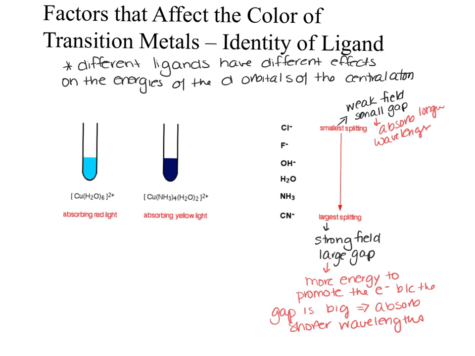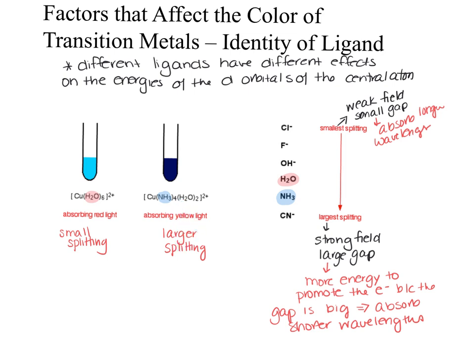If it's complexed with water here, and we change it to ammonia, we are going from a small splitting to a larger splitting. So this is a longer wavelength than this. This has a higher energy, with that larger splitting. It needs that higher energy light to promote that electron up.